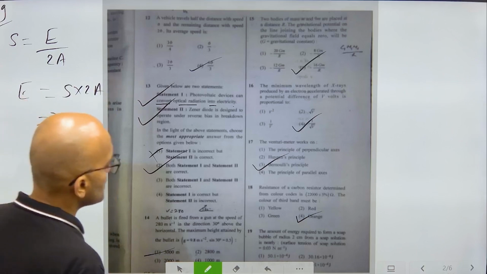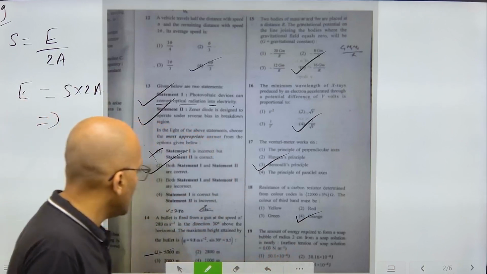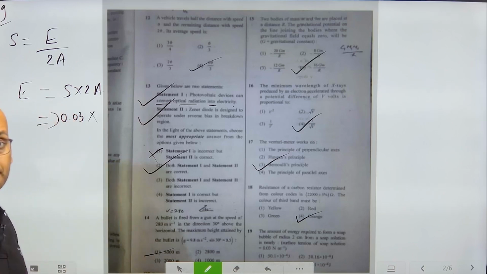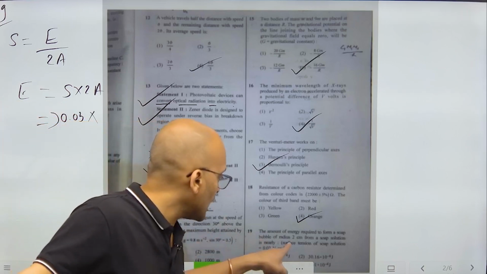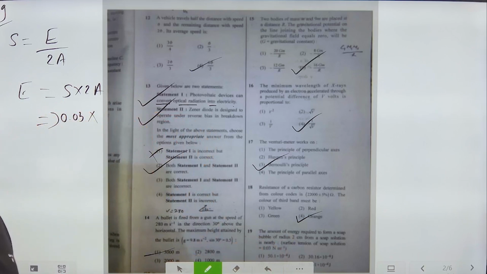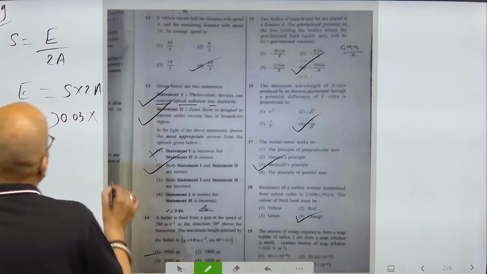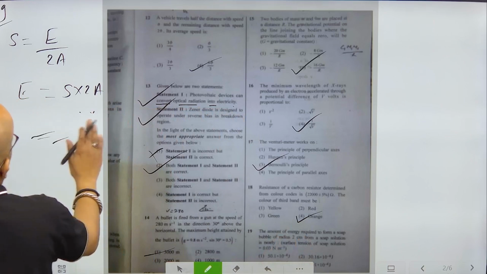Yes or no? Surface tension is given to you as 0.03 Newton per meter. So now you need to calculate the area. Radius is 2 centimeters. Pay attention. This is a sphere. The soap bubble is spherical in shape. So 4 pi r square you will apply and you will convert radius into meters. So I am solving it here.